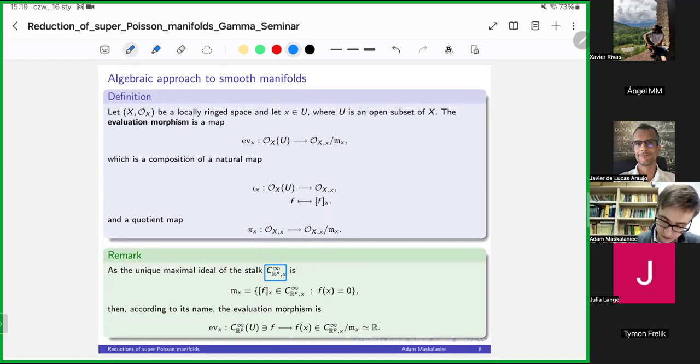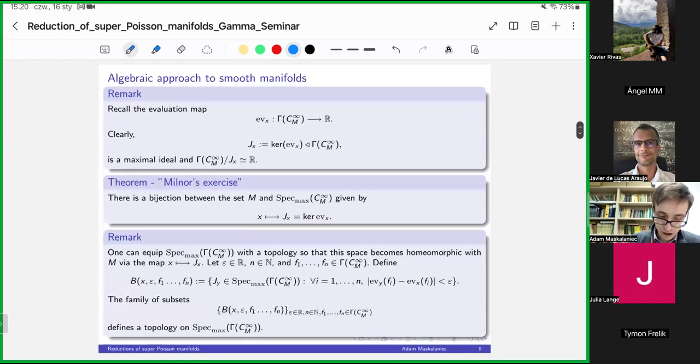And then the unique maximal ideal in this stalk is the ideal of functions whose value at X is 0. So then, according to its name, the evaluation morphism is exactly taking the value at X. But in the more abstract setting, for example in supergeometry, it is not exactly the same.